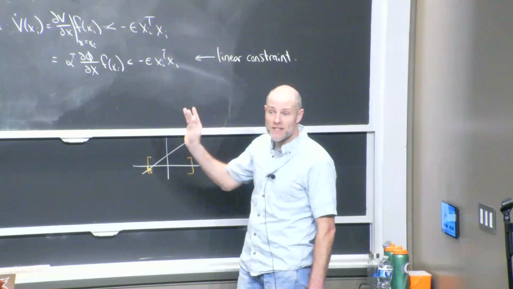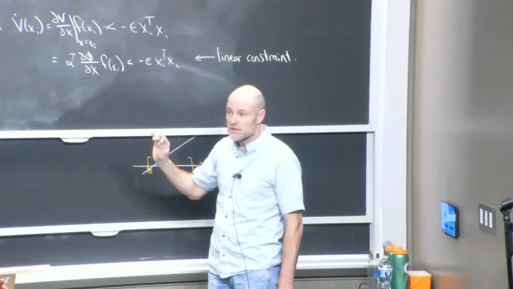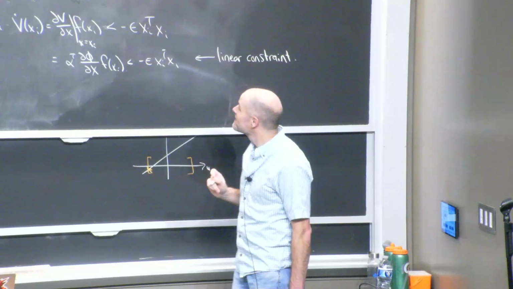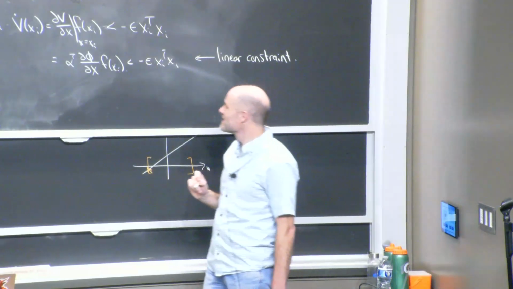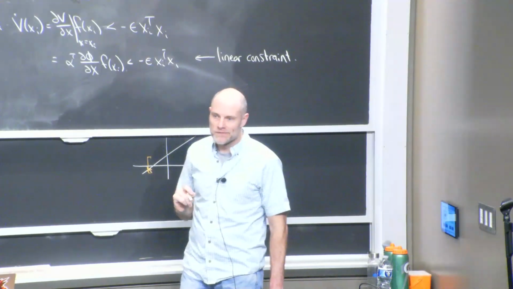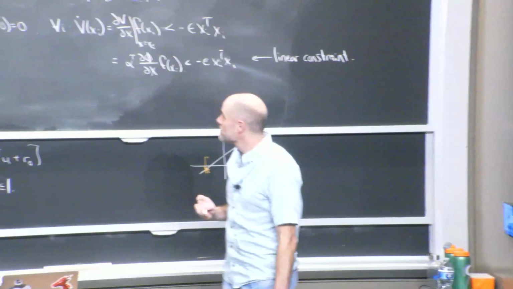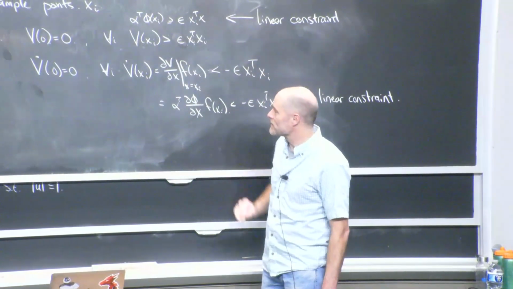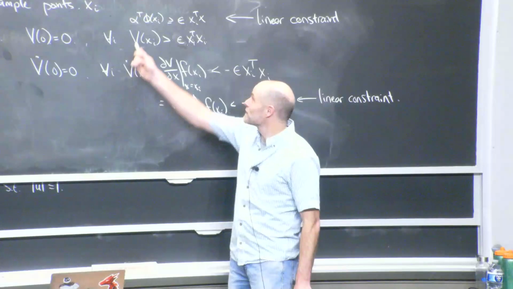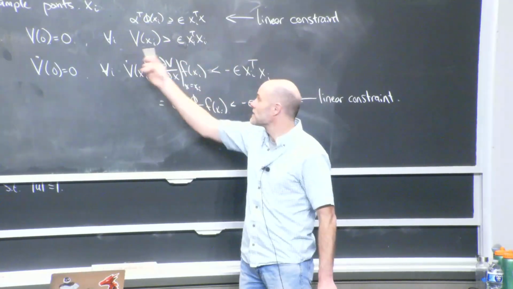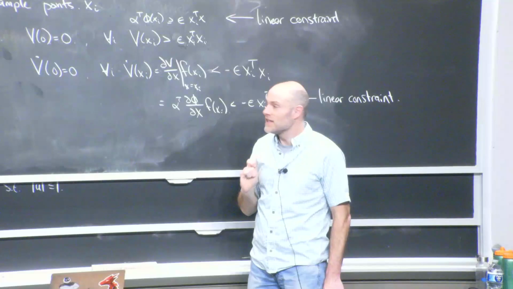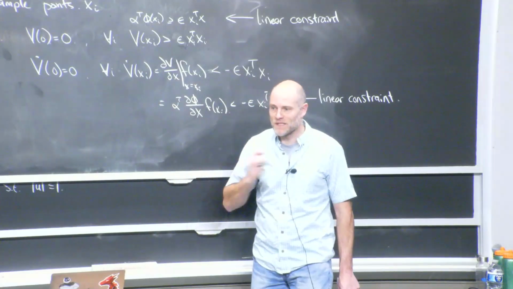If you just put that into your solver, what are you going to get? The great thing about a convex optimization solver is if it can find an alpha that satisfies all these constraints, it will tell you that alpha. If it's not possible, it'll say infeasible.